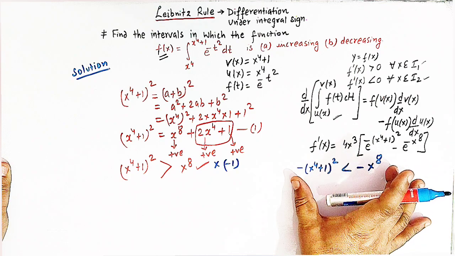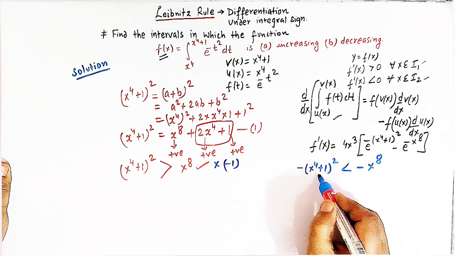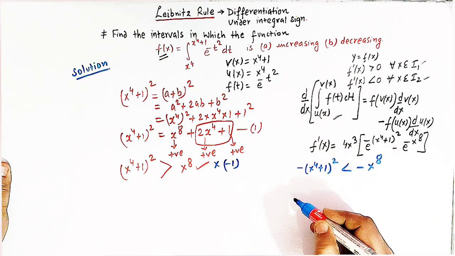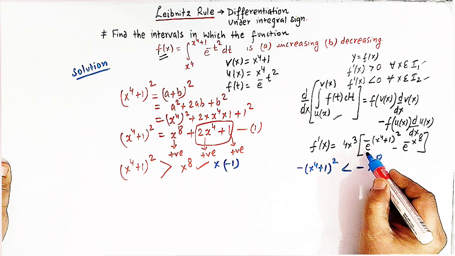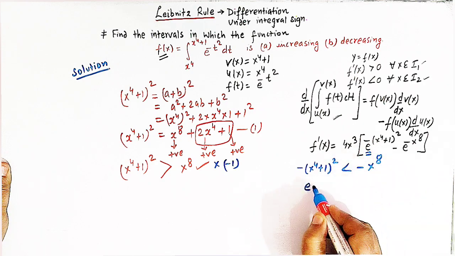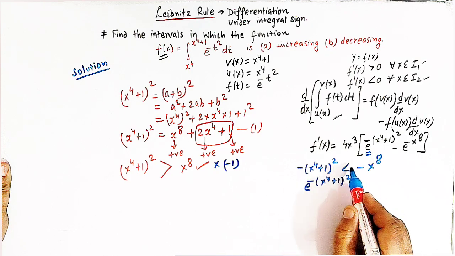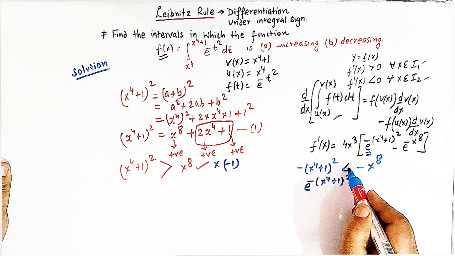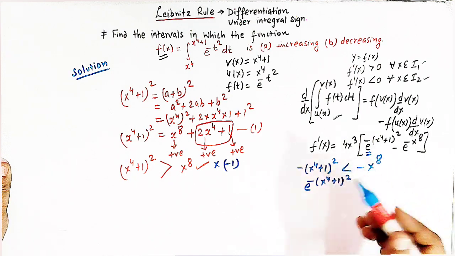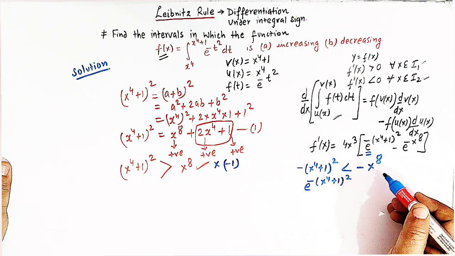Okay, so now what we will do, we will raise these two terms to the power of e, right? So raising both these terms to the power of e, we will get e raised to minus x raised to 4 plus 1 square. And remember, the direction of the inequality doesn't change, it remains the same, because the exponential function is an increasing function, right?